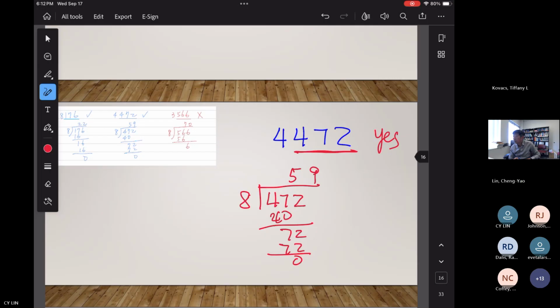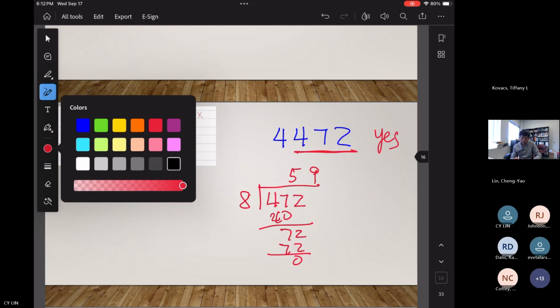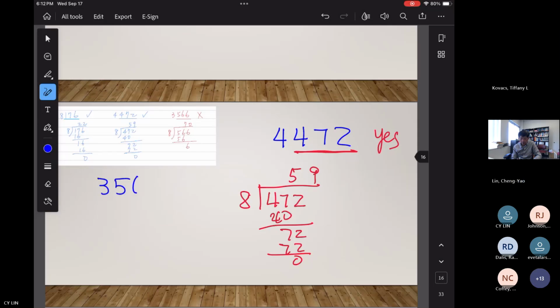How about 3,566? We take the last 3 digits and you try it, see if it is divisible by 8 or not. 566 divided by 8, oh, 756, and then put a 0, 6 there.